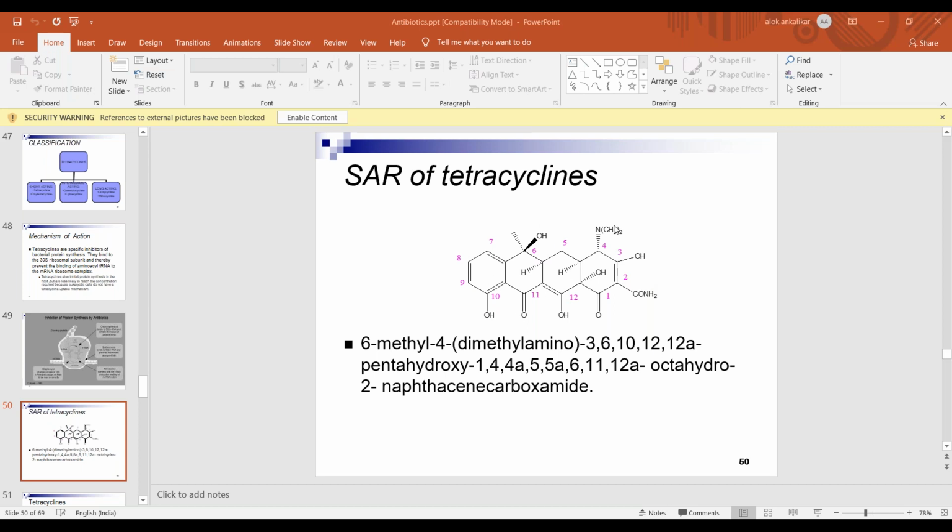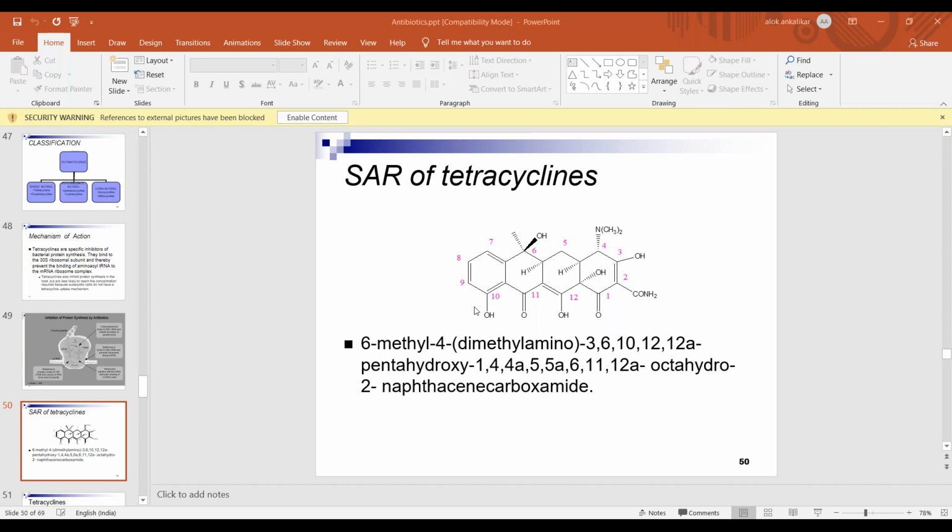Now when you have numbered this tetracycline structure, this ring which you see is ring A. So this is ring A, B, C and D. Here it is not named, but when you have drawn it, you name it as ring A, B, C, D. So you could play a little with this ring A, where you could have slight modification done so that the activity is not lost.